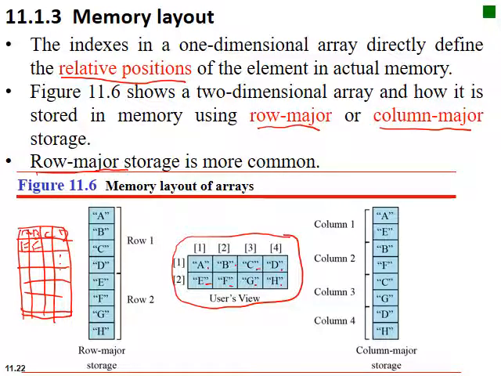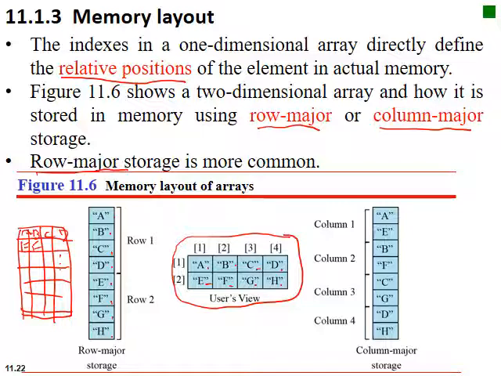We start in rows first and then in columns. So you'll typically find that it is stored as A, B, C, D as the first row, and the second row E, F, G, H in this way.